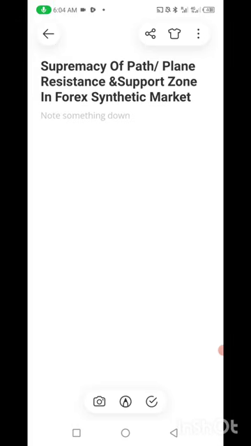Okay, today's topic we're going to talk about the supremacy of the path, plus resistance and support zones in the forex synthetic market. A lot of people have been losing a lot of money in the forex industry simply because they have not come to understand the power of the path. A path means what is happening now.